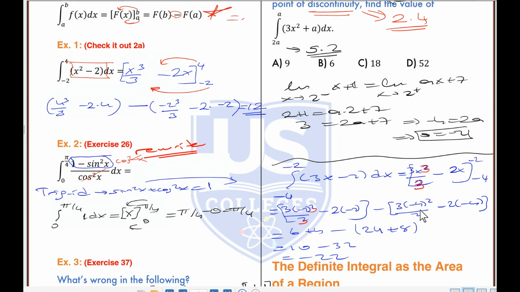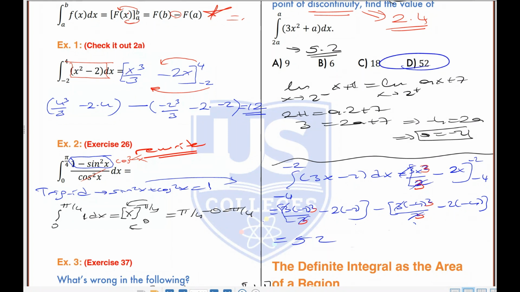Cubed over 3. So let me clear this. The threes directly cancel each other. Actually, I don't need to involve 3 here. So when you do these calculations, the result is going to be 52, which is option B.